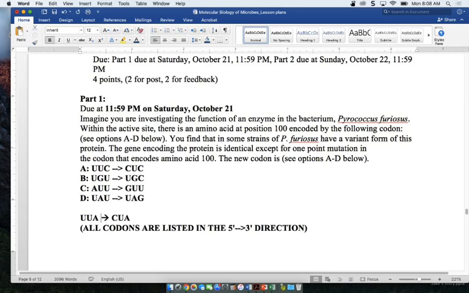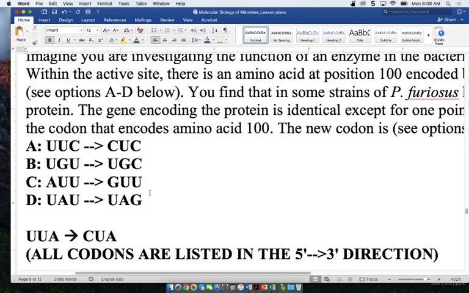One of these up here represented a nonsense mutation. Which of those represented a nonsense mutation? Which one was that? Sorry, D, you said? So what's the hallmark of a nonsense mutation, Dana? That it encodes for a stop codon rather than encoding for a different amino acid.